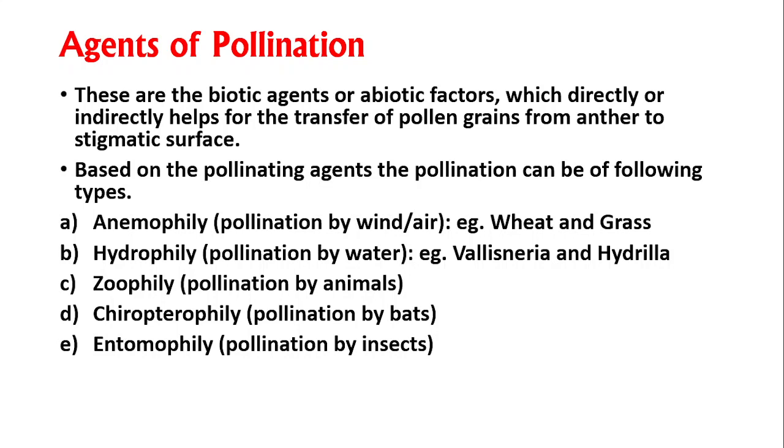The pollination is taking place with the help of wind or air, which is abiotic in nature. Since the pollinating agent is abiotic, there is no need of attracting the wind. That is why in these plants the flowers will not be brightly colored.